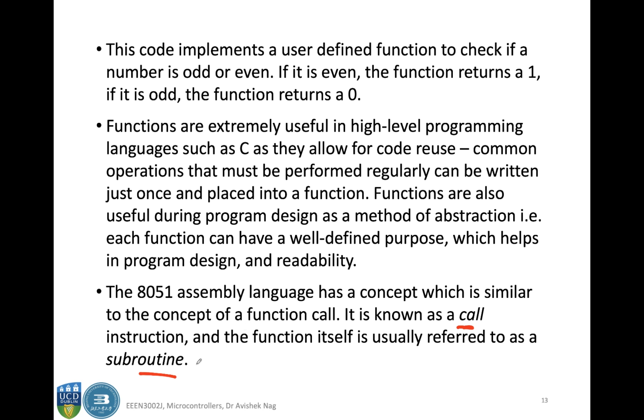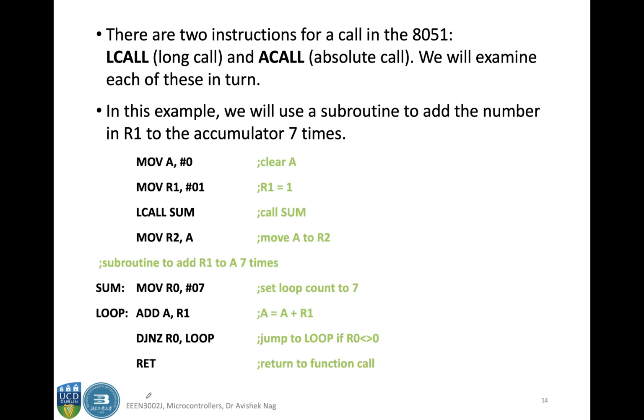In your assembly language coding you call that a subroutine, and you can use the call instructions to call these subroutines inside your main program or inside your main routine. Okay, so here is an example.